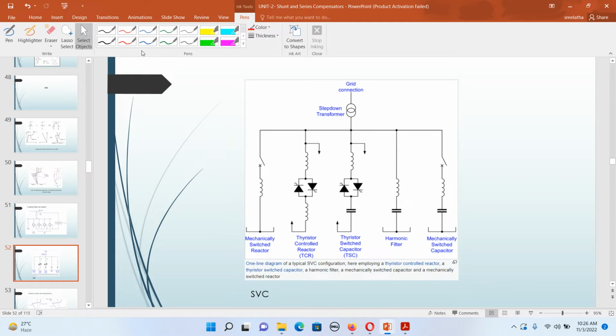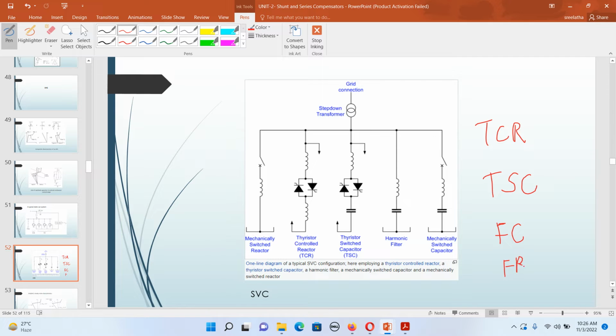Okay, you get it? So it can be just TCR, or it can be just TSC. TCR means Thyristor Controlled Reactor. TSC means Thyristor Switched Capacitor. And it can be fixed capacitors, nothing but mechanically switched capacitors, or fixed reactors.